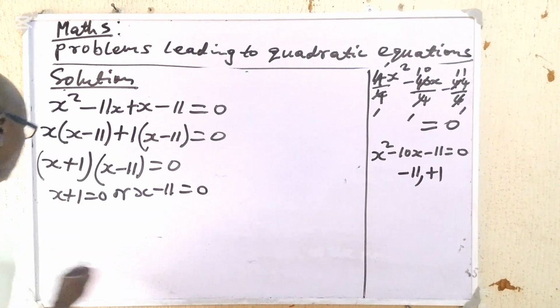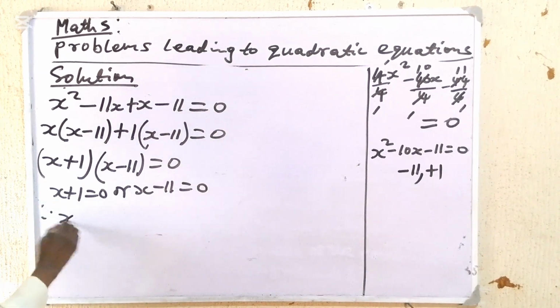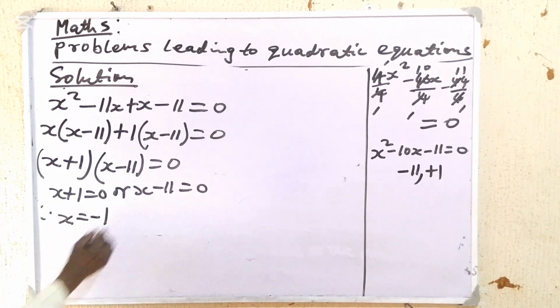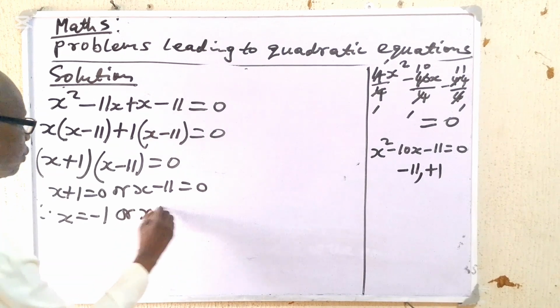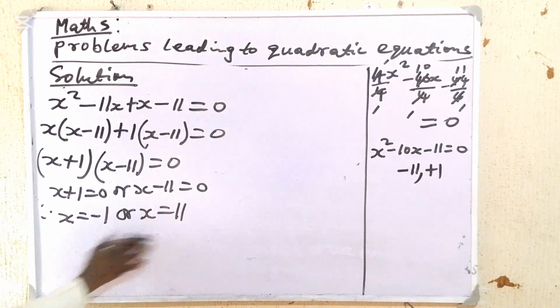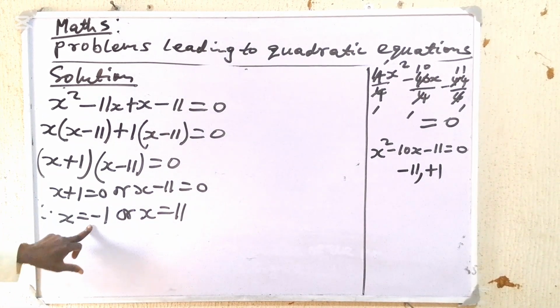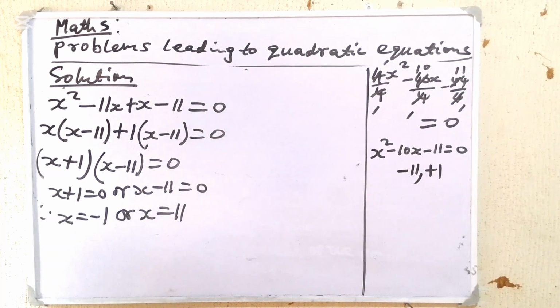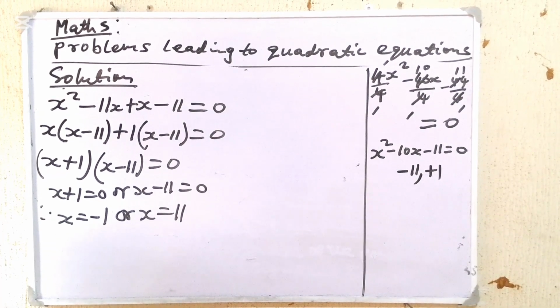And from here we can now see that x plus 1 is either 0 or x minus 11 equal to 0, which means that x is either minus 1 or x equal to 11. So we are going to ignore this minus 1 because we cannot describe somebody's age with negative.